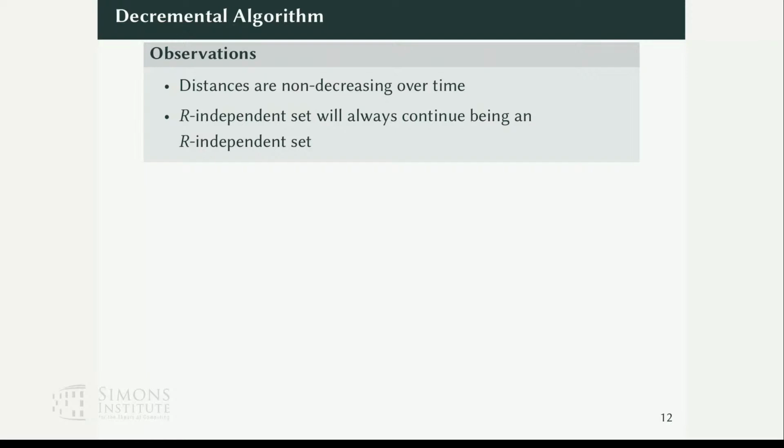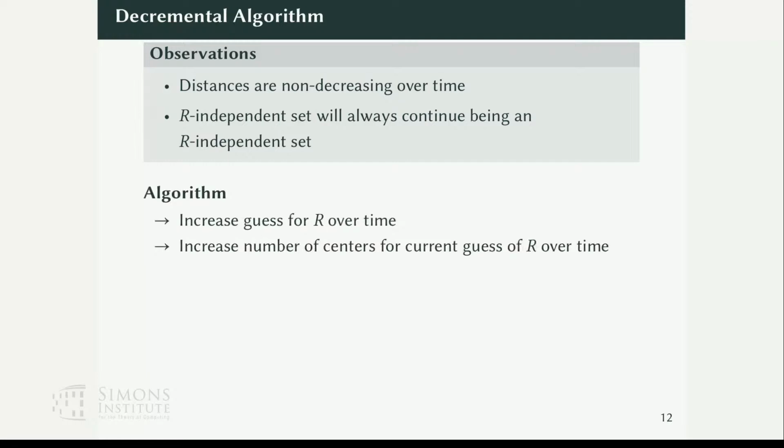But the parts you have from your R-independent set, they don't go bad. That's the heavy thing you can exploit here. So the scheme is like you have a guess of R that somehow increases over time. And for your current guess of R, you increase the number of centers you have also over time, right?